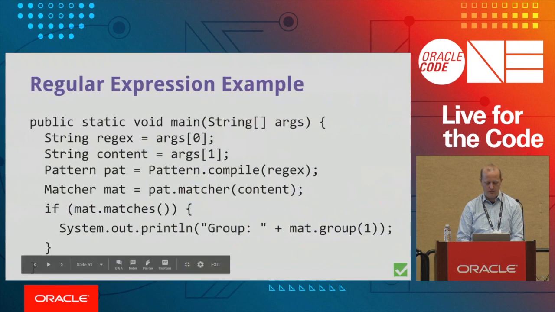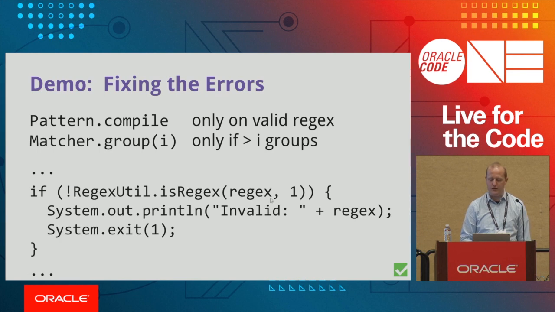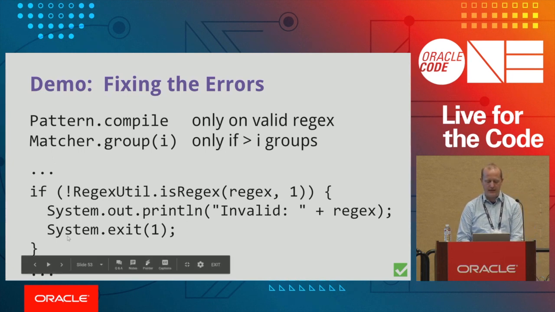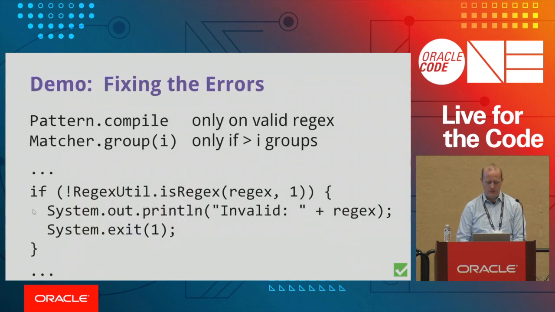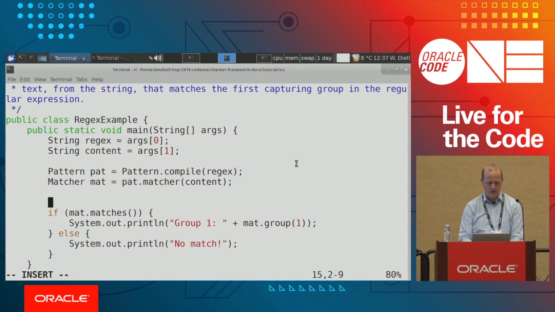So let's look here. We have the two exceptions. Now what we need to do is, if there is not at least one capturing group in the regular expression, we want to exit. So we call System.exit. Well, let me skip actually typing that.